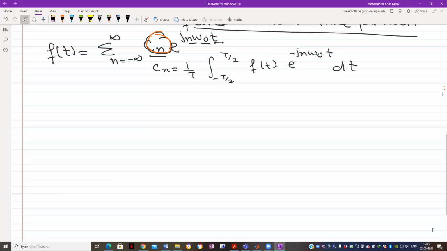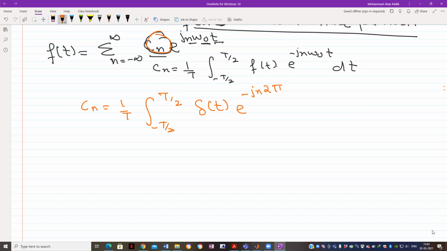So C of n will be equal to 1 by T, integral from minus T by 2 to T by 2, and f of t will be delta of t. I will show what's the reason for this being a delta. e raised to the power minus j n omega naught t, where omega naught is 2 pi by T, the fundamental time period, into dt. Why will f of t be equal to this when you consider it from minus T by 2 to T by 2?